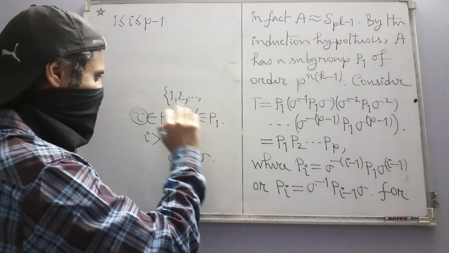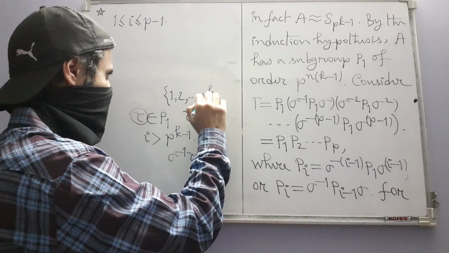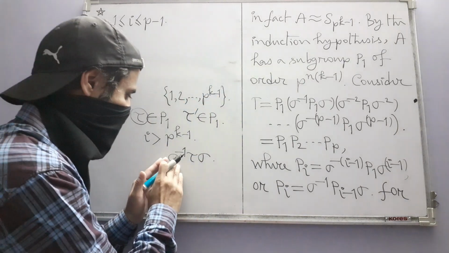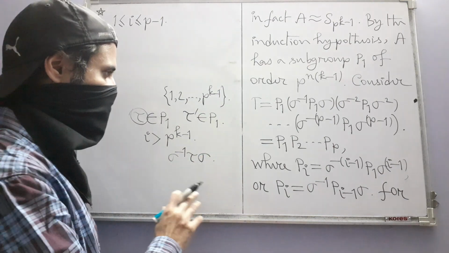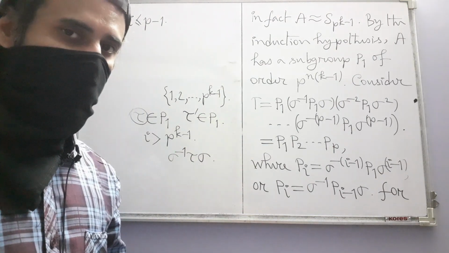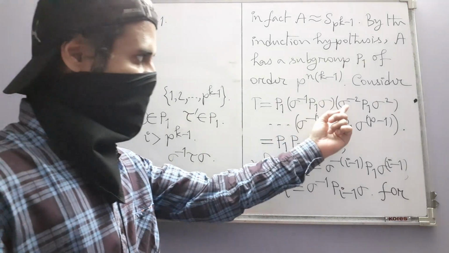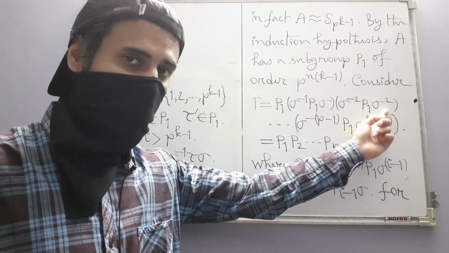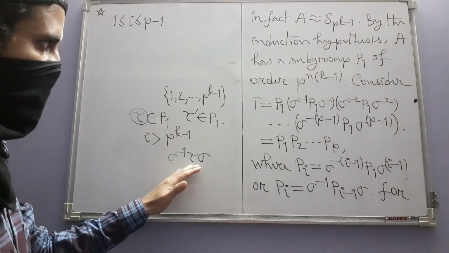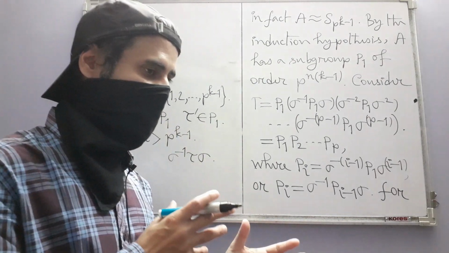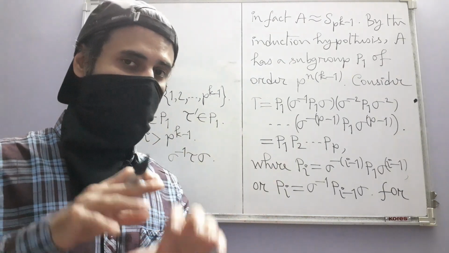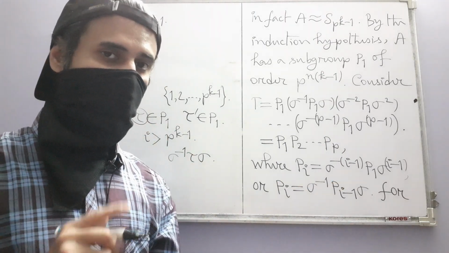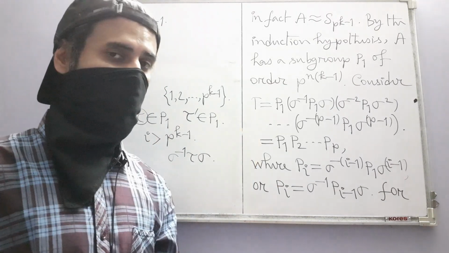That is, the effect of tau prime is confined within the first clump, but the effect of sigma inverse tau sigma is confined within the second clump. Similarly, the effect of any other element from this subgroup is confined in the third clump. So that is why these permutations have their own regions of influence in the set of all symbols, and that is why they commute.